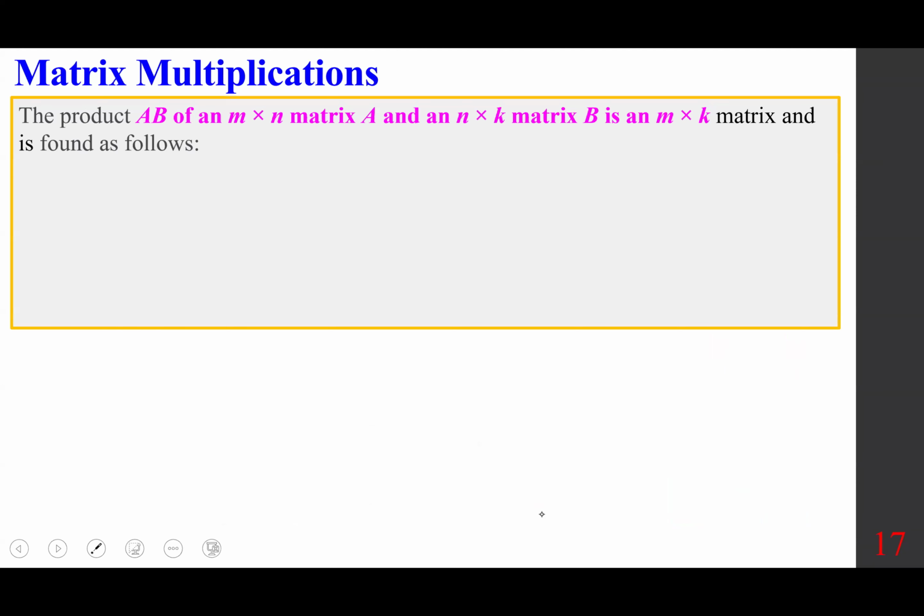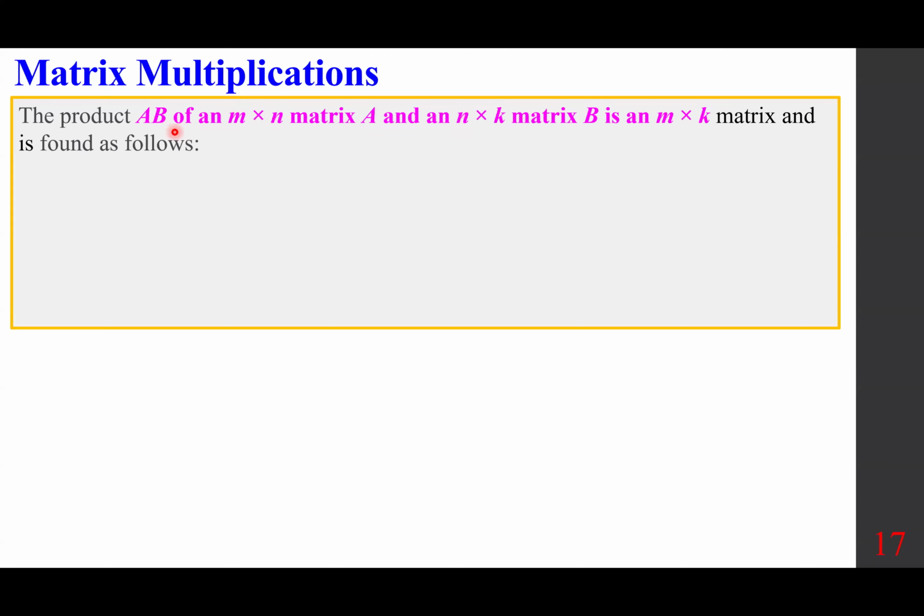Now we're going to move on to matrix multiplication. The product of AB and M by N matrix A, so matrix A must be M by N, and N by K matrix B. Notice these two, that means the number of columns for the first matrix, the number of rows for the second matrix must be the same.